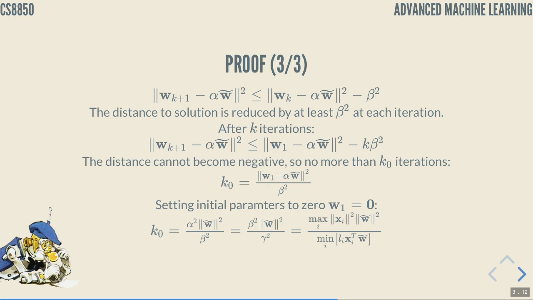So if we initialize W1 with 0, let's start with a 0 vector, and then that's what we're getting, alpha squared, just algebraic manipulations, and we defined alpha as beta squared divided by gamma. Remember? And when we plug that in, the definition of alpha. Wait a second, let's check. Was it beta squared?